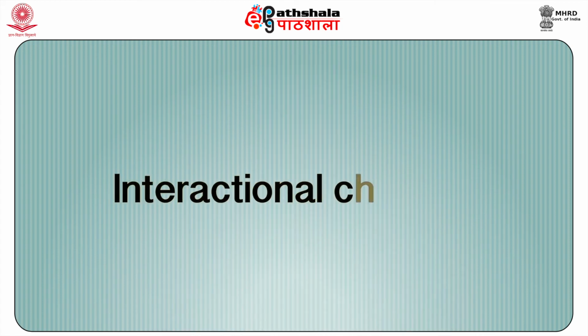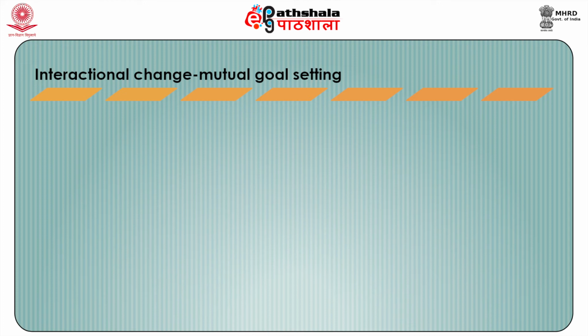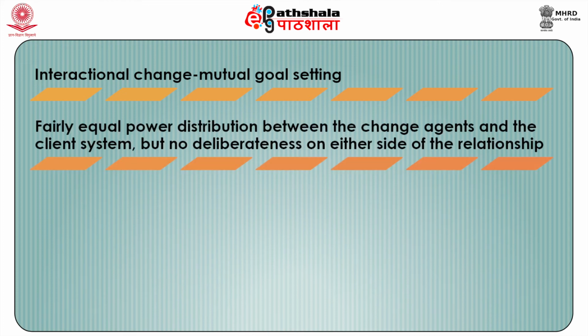The fourth change is interactional change. Interactional change is characterized by mutual goal setting, and there is fairly equal power distribution between the change agents and the client system, but no deliberateness on either side of the relationship.